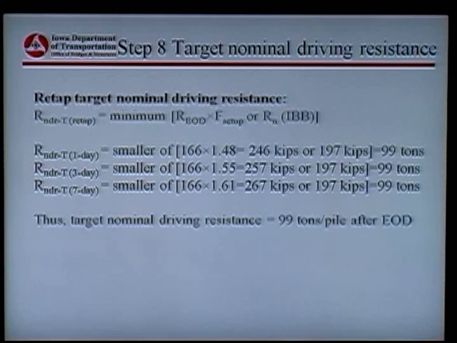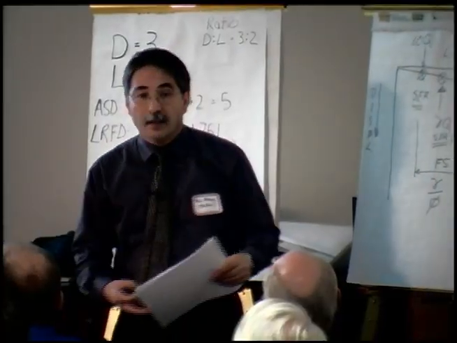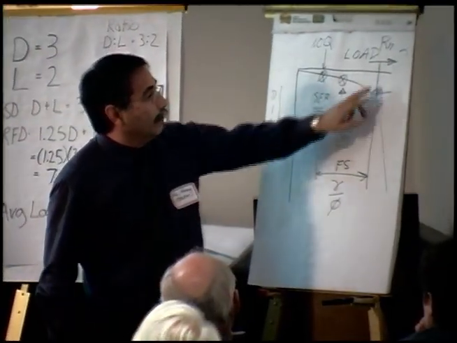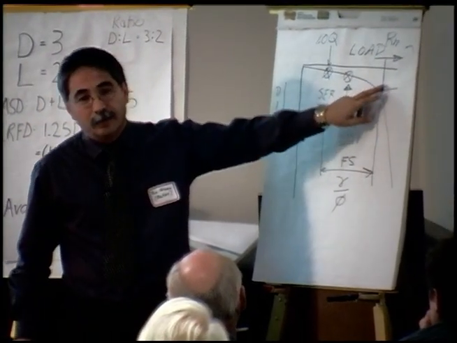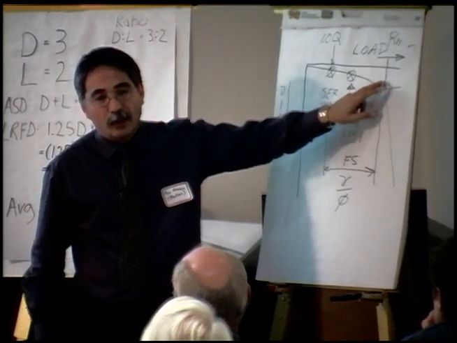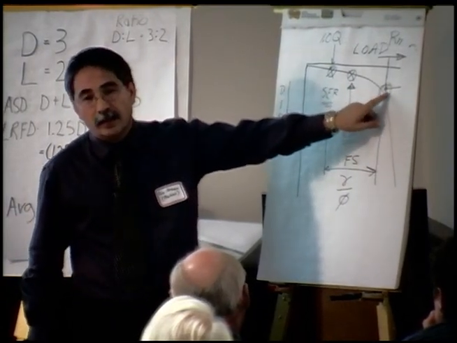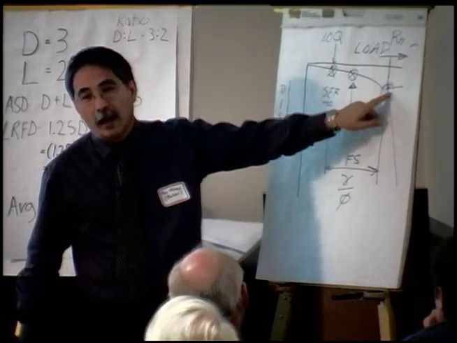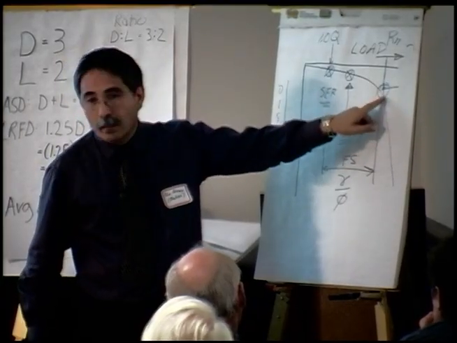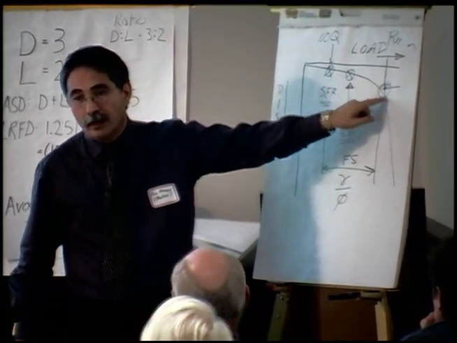But remember from the structural side, the structural engineer said, I only need the 128 divided by the 0.65, right? Which is 197 kips. He doesn't care how you get here, as long as we can provide you 197 kips of capacity, it doesn't matter how.